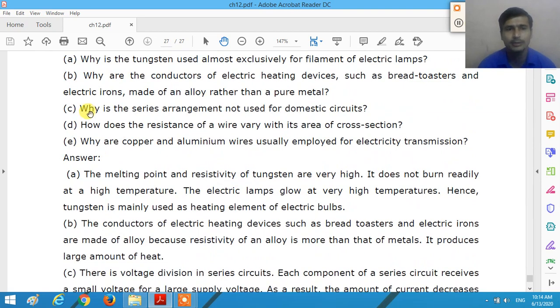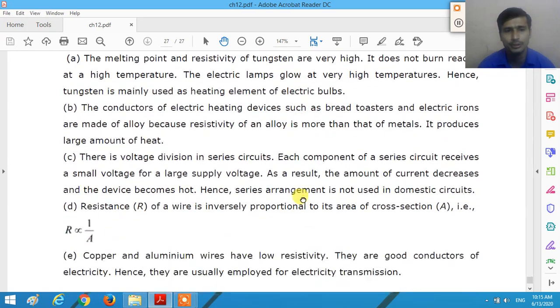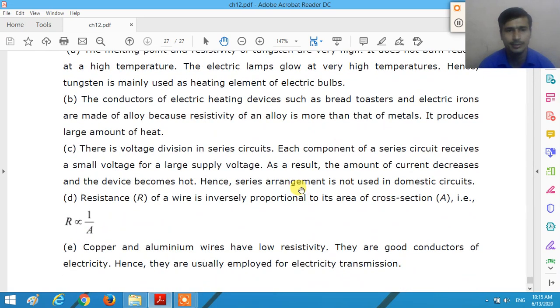Question number C. Why is the series arrangement not used for the domestic circuit? In the domestic circuit, in home appliances, we use the parallel circuit. Why is the series arrangement not used? Here in the series connection of appliances, there is a voltage division in the series circuit.